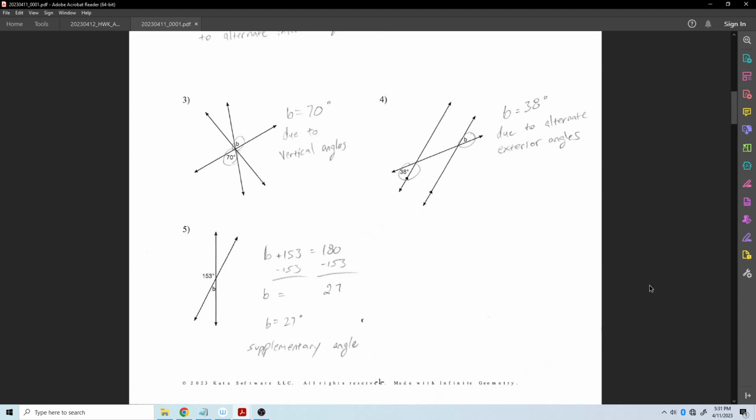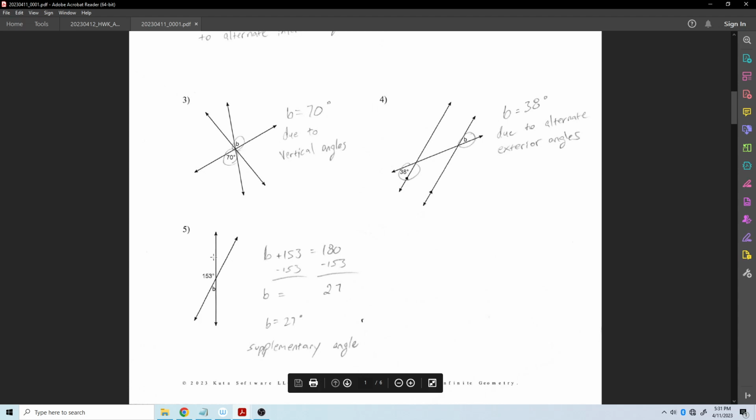Number 5, much like complementary, except it's actually supplementary. We have the angle of a straight line, which is this line going straight up and down right here. We know based on geometric vocabulary that the angle of a straight line itself is 180 degrees.